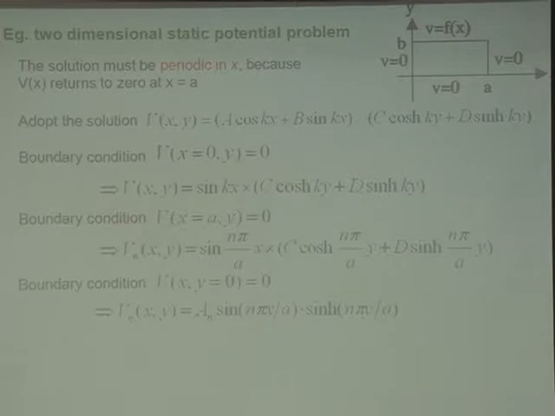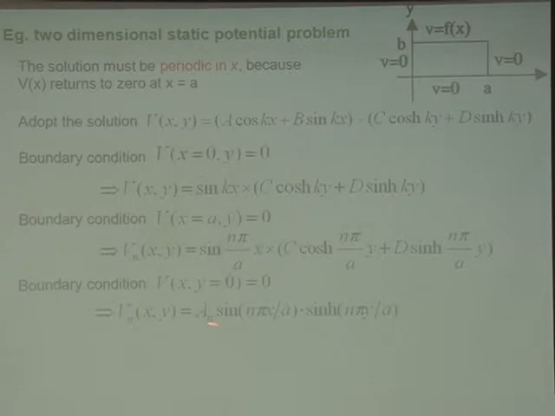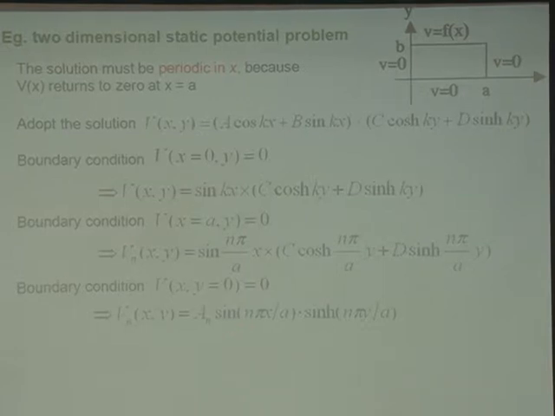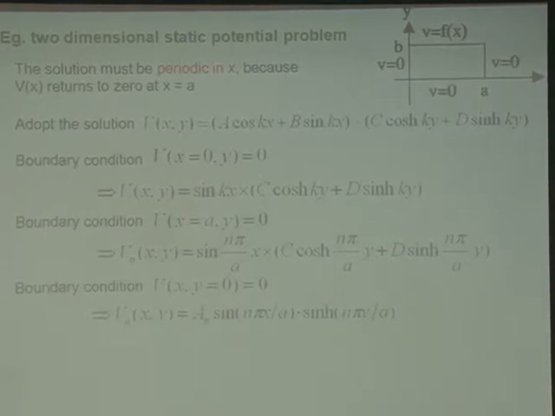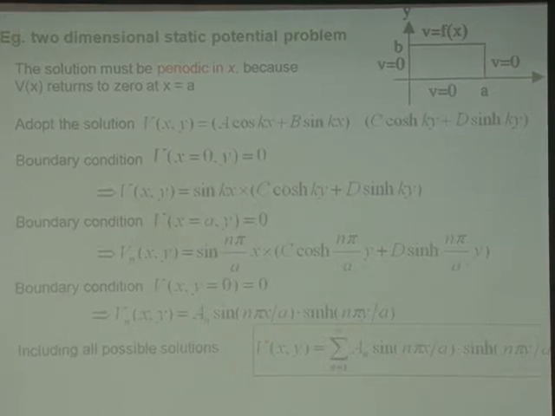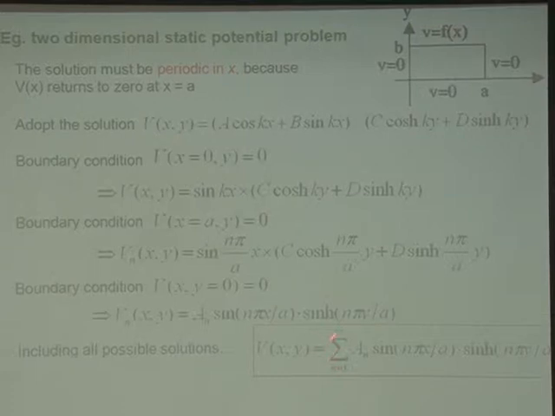Okay, if you put this solution into the Laplace equation, any n value will give you a solution. So this means that you can do a superposition to write down a complete solution for this problem. You just run n from 1 to infinity.